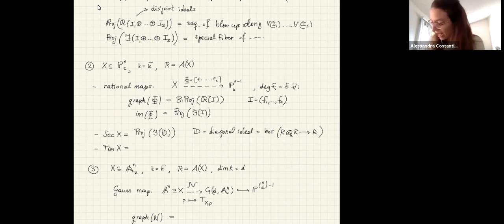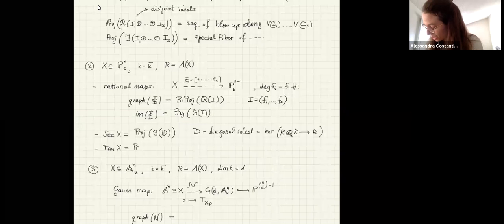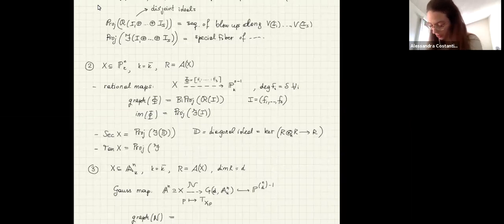And the tangent variety of X is the projective spectrum of the fiber cone of the module of differentials of R, which is an object that is really interesting when you want to study the singularities of R, and Ben Bridge talked about it last time.